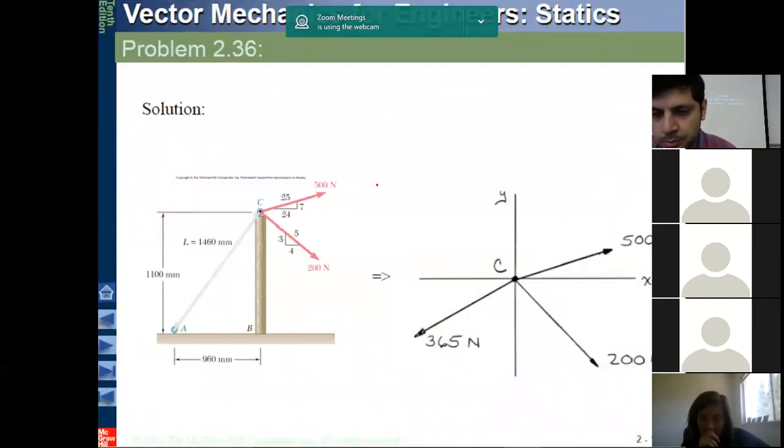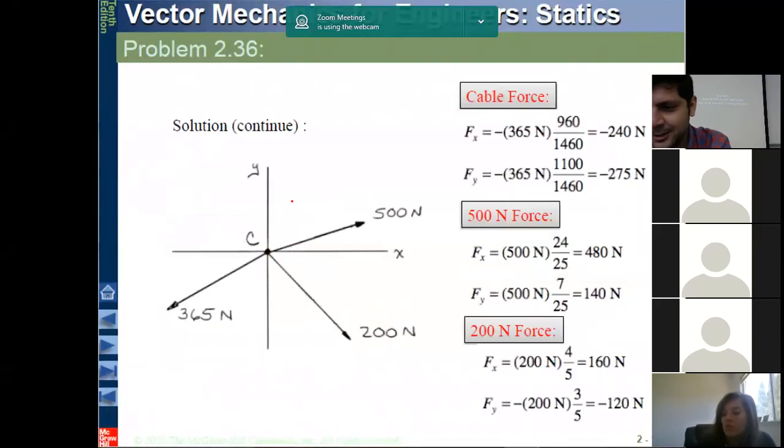So you show the directions and dimensions by proportions of the components on each axis. So for the first 500, you see this triangle here, 7, 24, 25. These are actually the proportions of this vector. I hope I'm clear enough.